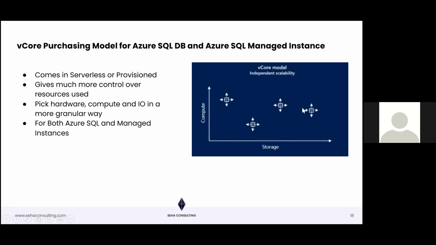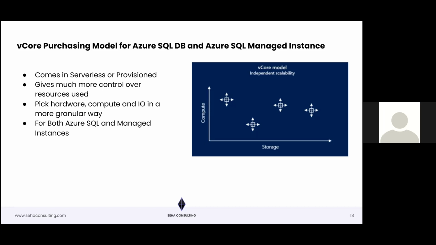Those options are there with the vCore purchasing model, and that's a good thing when you're trying to move from on-prem into the cloud, because depending on what your existing on-prem environment is, the vCore model gives you a lot more transparency.